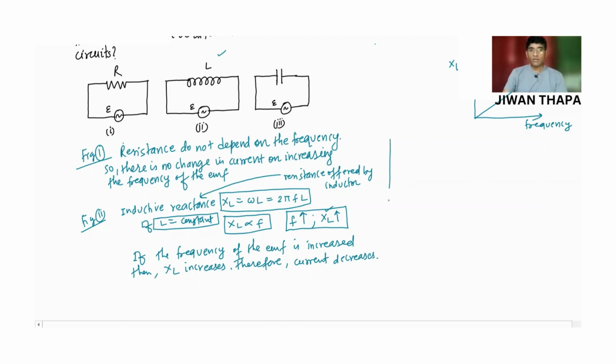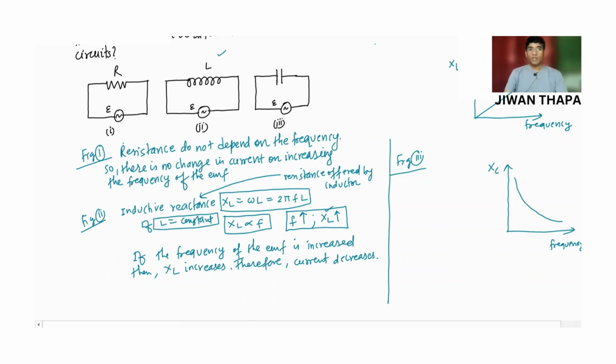Now next, for figure 3, the plot of XC and frequency is of this nature. So we find this.